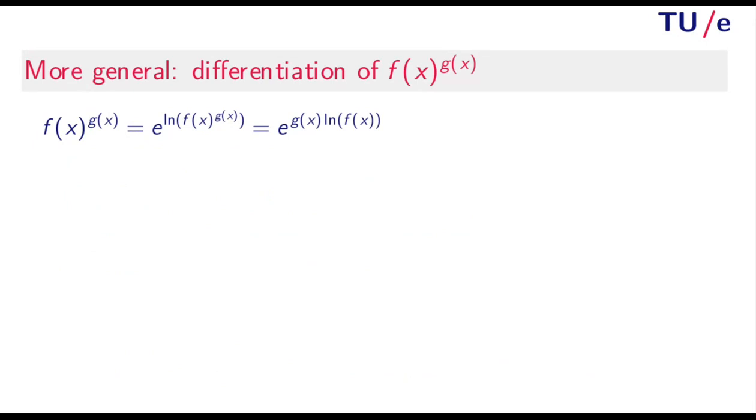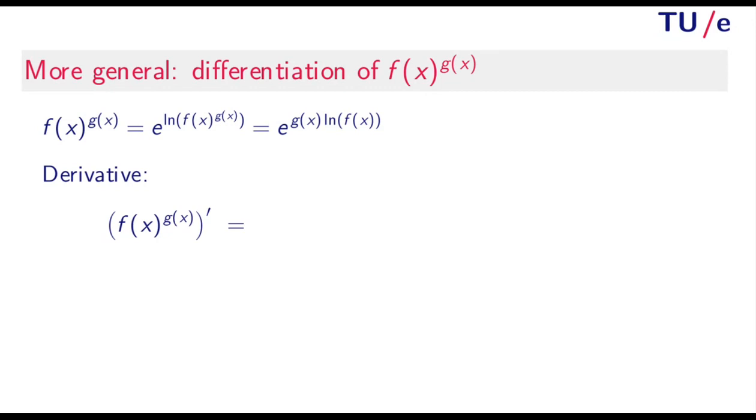This trick can also be applied to many other functions of the form f(x) to the power g(x). Indeed, f(x) to the power g(x) can be rewritten as e to the power ln of f(x) to the power g(x), and that's then e to the power g(x) times the ln of f(x). And now, of the latter function, we can compute the derivative using the ordinary rules about differentiation.